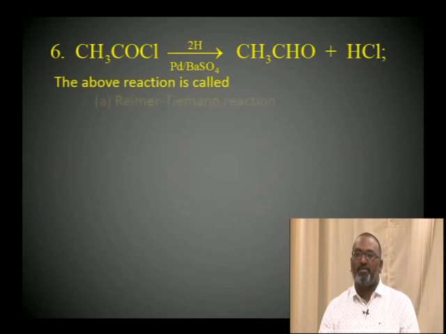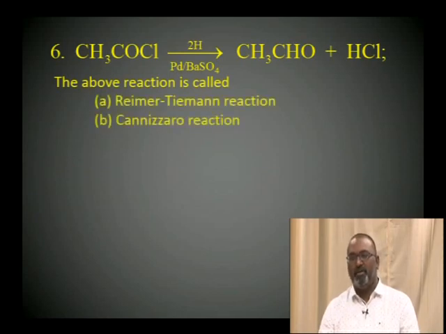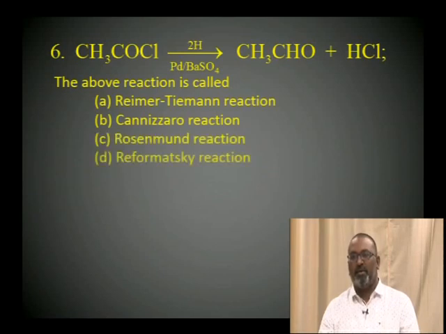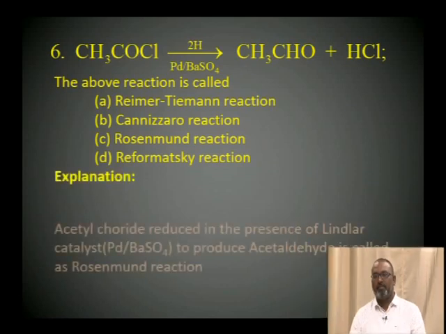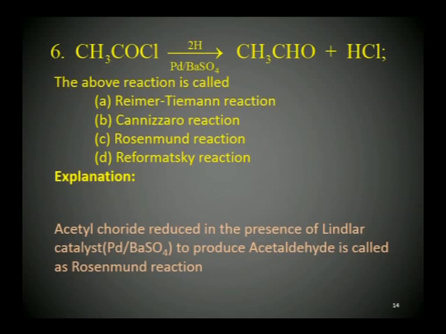The above reaction is called as Reimer-Tiemann reaction, Kennesaros reaction, Rosenmund's reduction, or Riffer-Mursky reaction. When acetyl chloride is reduced in the presence of Lindlar catalyst to produce acetaldehyde, this reaction is called as Rosenmund's reduction. So, the answer is C.